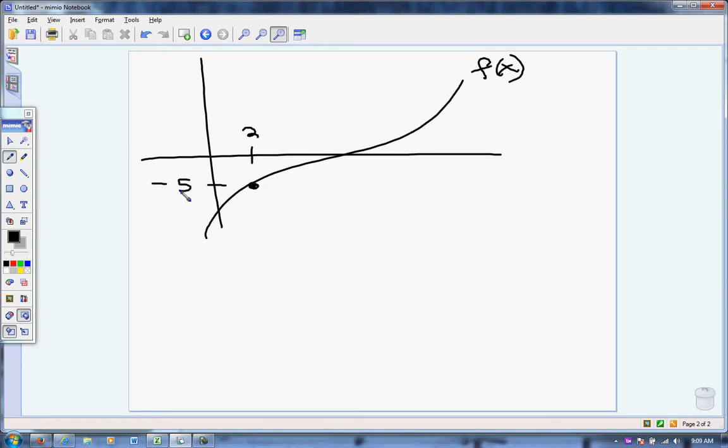Okay? Let's just pretend. And then let's say that I come over, maybe this is 3, this is 4, this is 5, and this is 6. And I come over to 6, and I come up to its function value, and I know that that value is, let's say, 3.